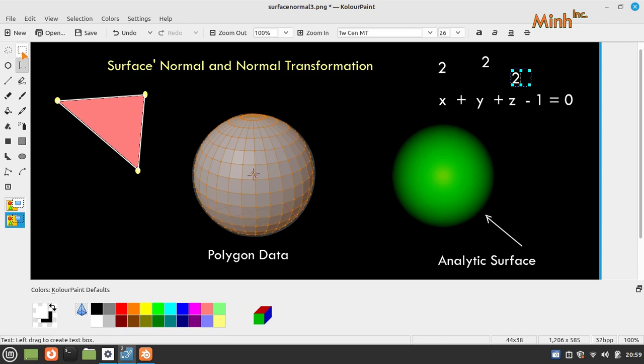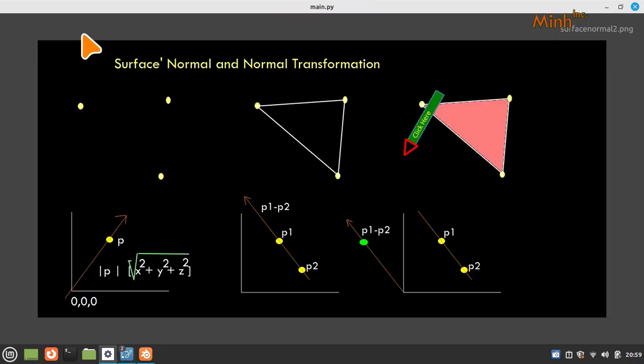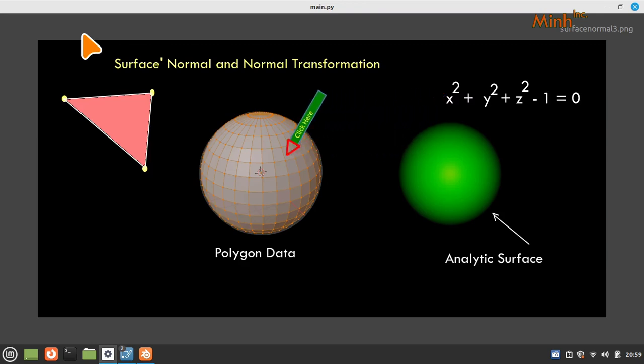So this is the equation of this sphere, any sphere. So a surface is of 2 types.